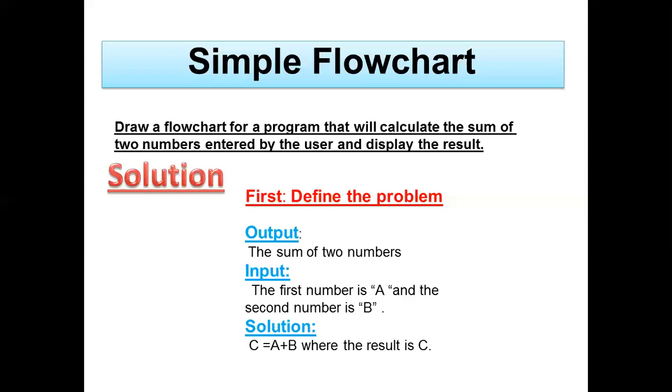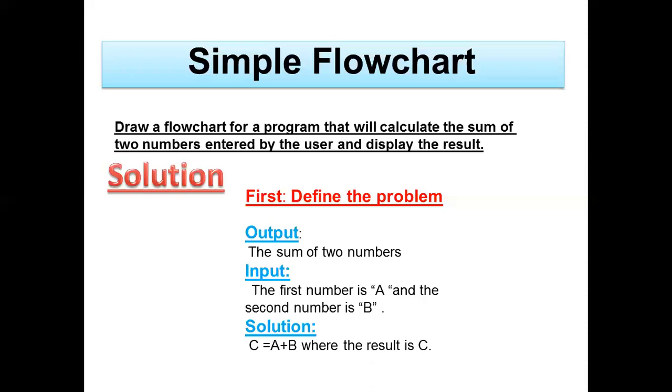So now I have output and input. How can I achieve the output through the input? During the solution, the processing. So C equals A plus B. C is another sample to represent the output. C, this is my goal. This is my output. Equal what? Equal the sum of two numbers, A and B. They are samples.